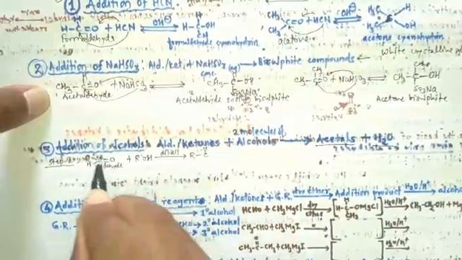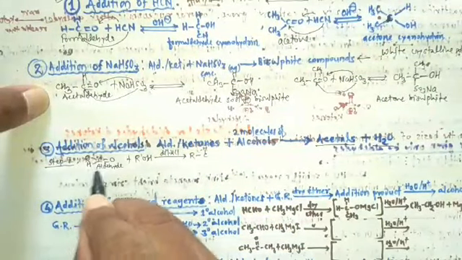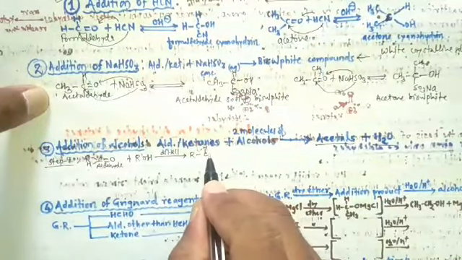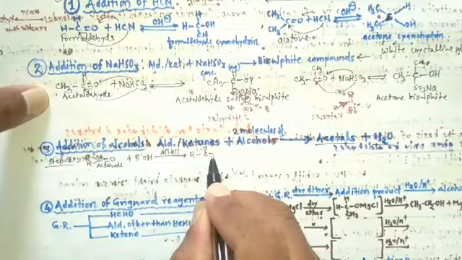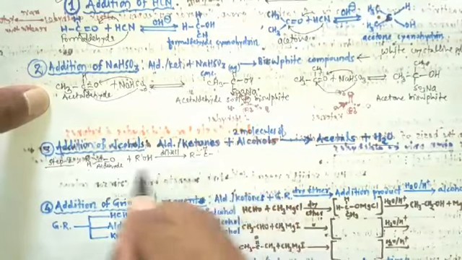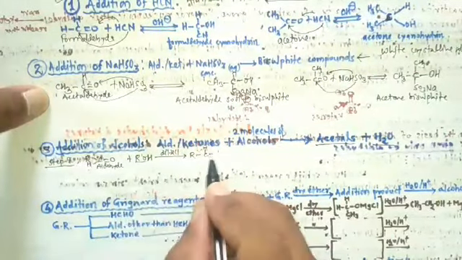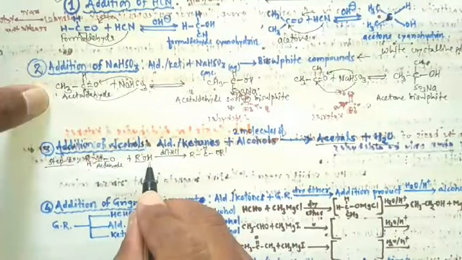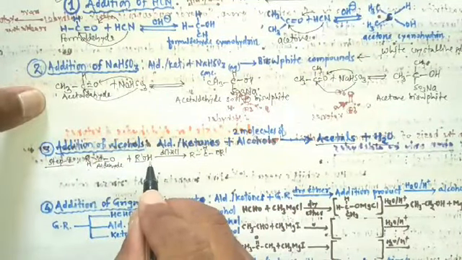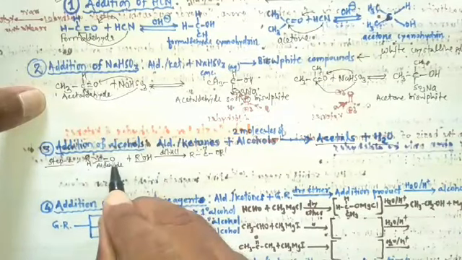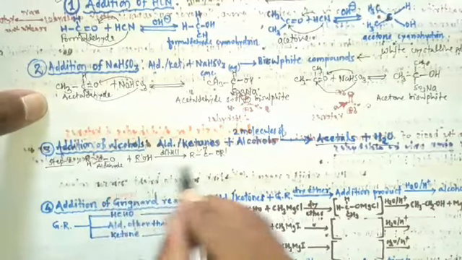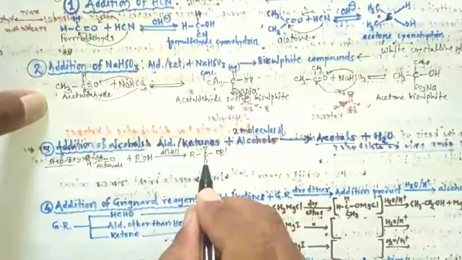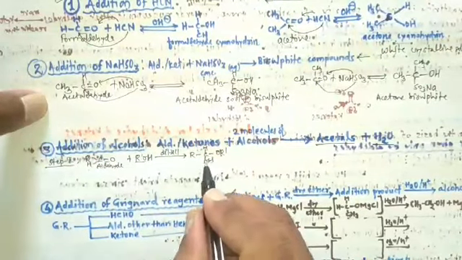RC, here H, then to this carbonyl carbon this OR dash gets attached, and hydrogen gets attached to this carbonyl oxygen, therefore here this O becomes OH.